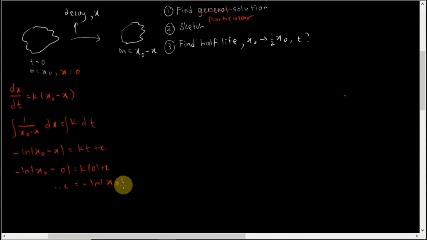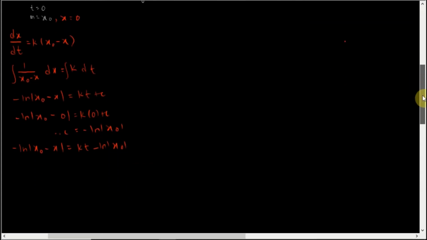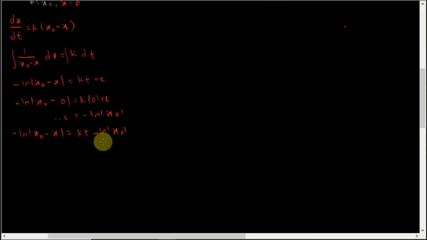So now that we get our c, we sub back into our equation. So it is now negative ln x naught minus x equals to kt, c is negative ln x naught. So usually we want to make y the subject, or actually in this case, since this is x, we want to make x the subject.